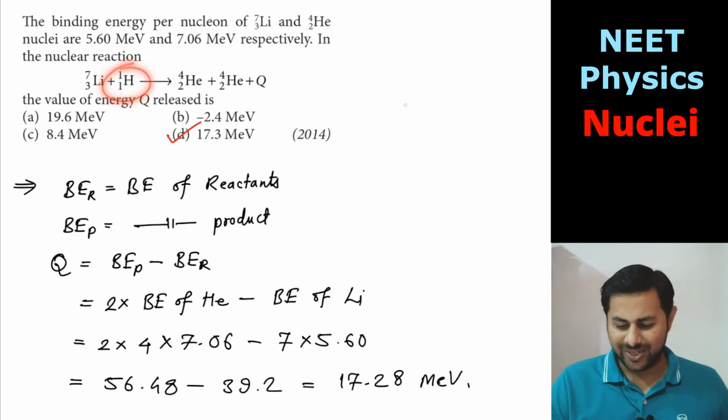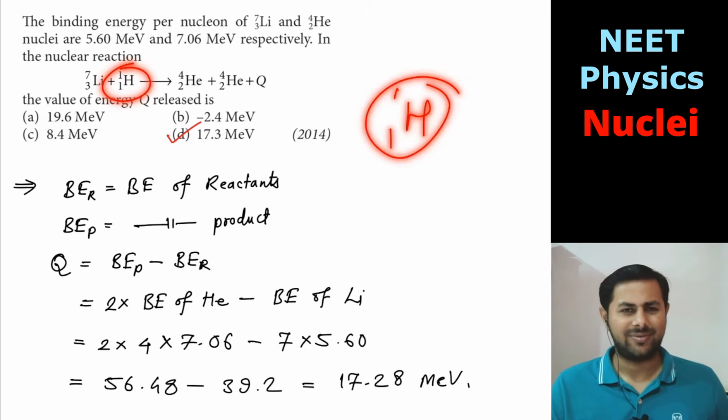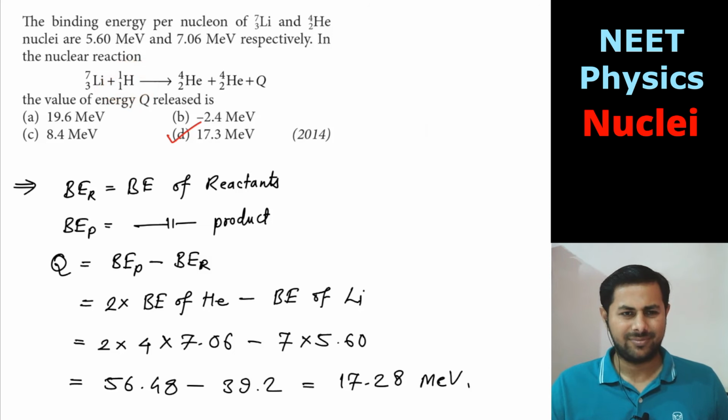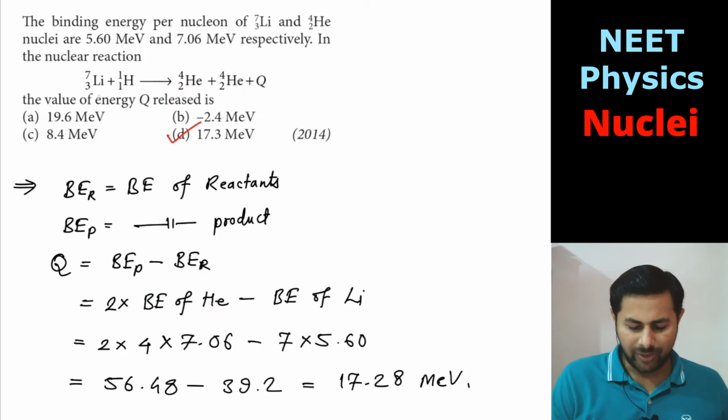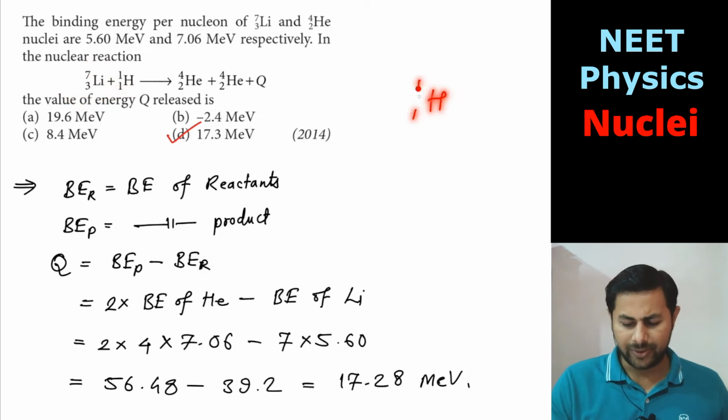Why didn't we take hydrogen 1,1? There are 2 products, and we have taken both of them, 2 times the binding energy of helium. But we have taken only one reactant. Why not H11?